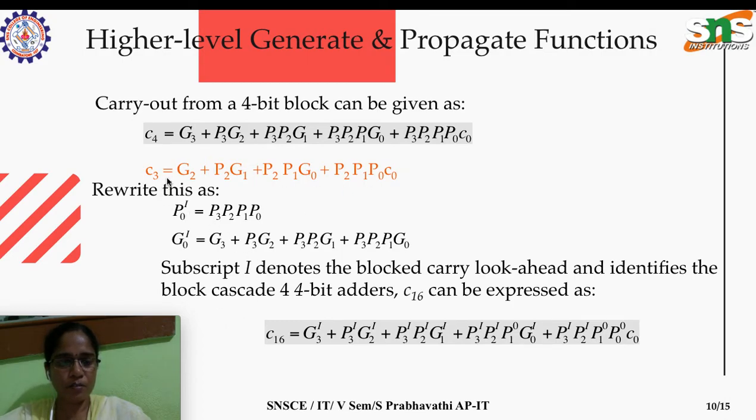Similarly, this could be replaced in the 16 bit carry look ahead adder as C12. C12 is equal to G2 of I plus P2 of I, G1 of I plus P2 of I, P1 of I, G naught of I plus P2 of I, P1 of I, P naught of I, C naught.